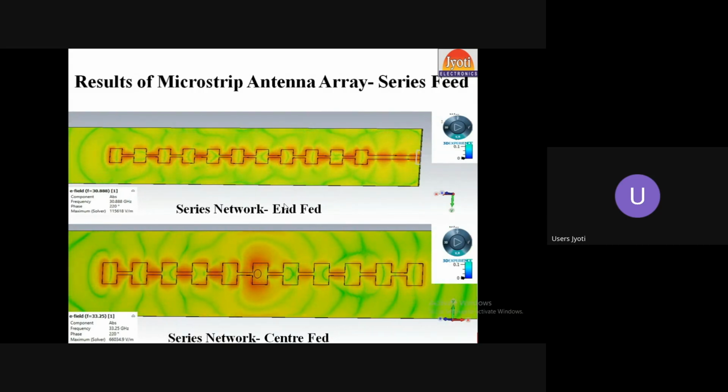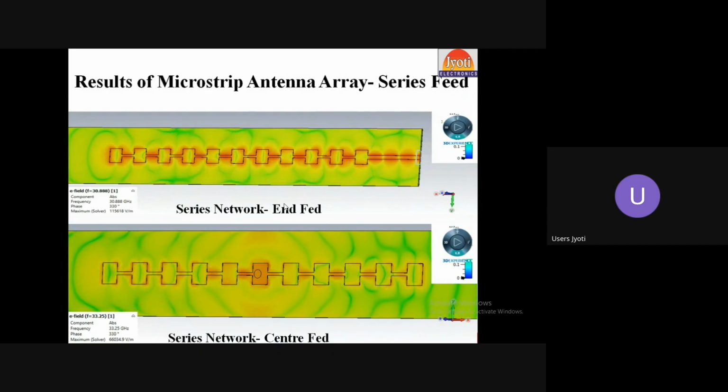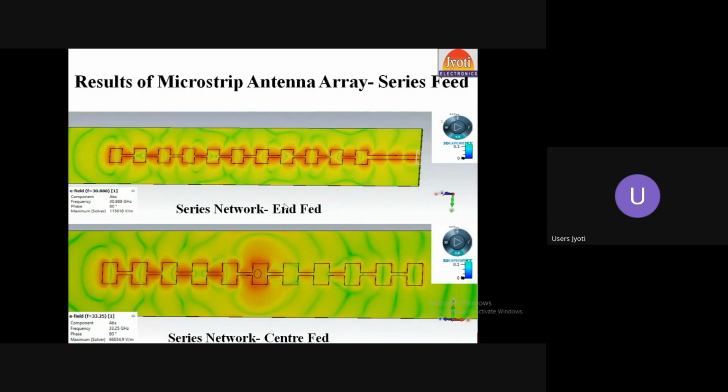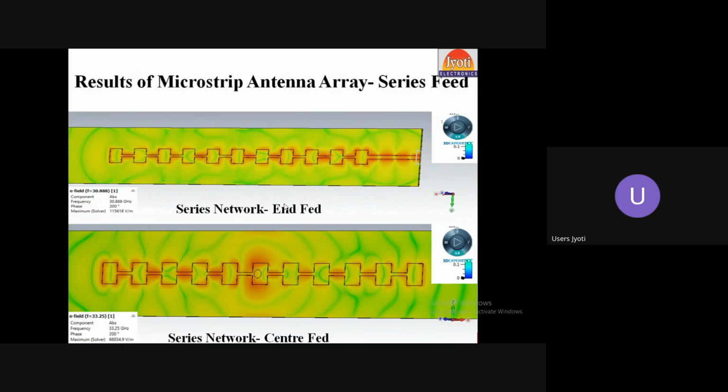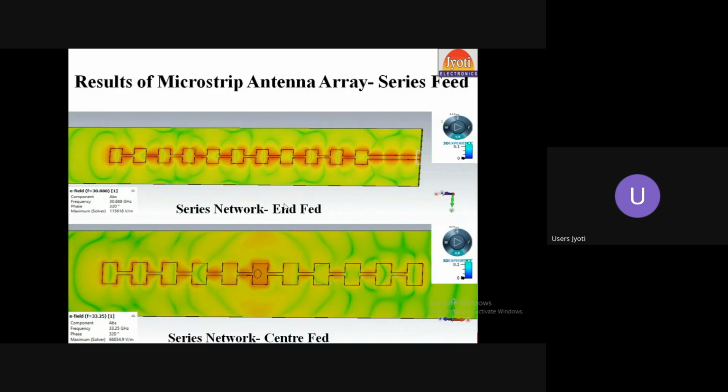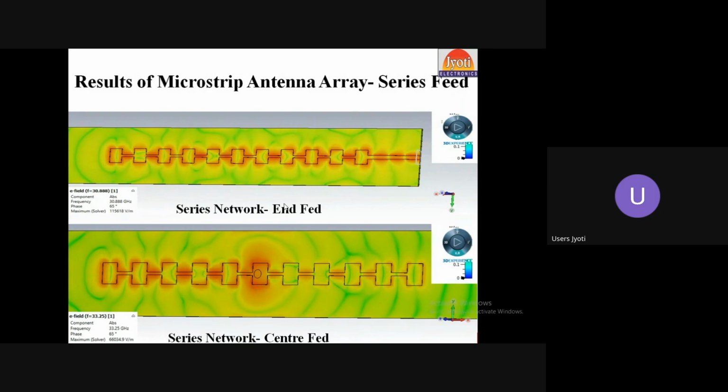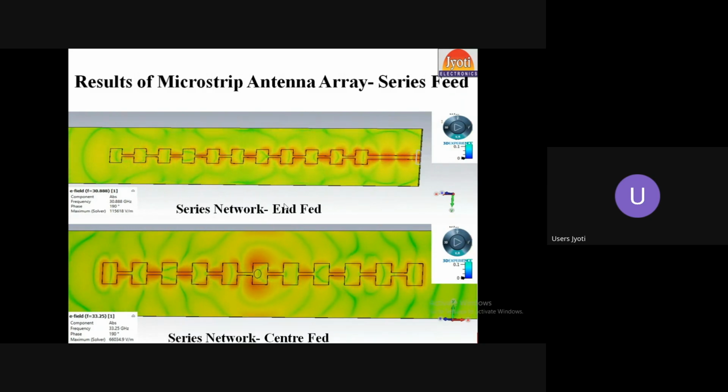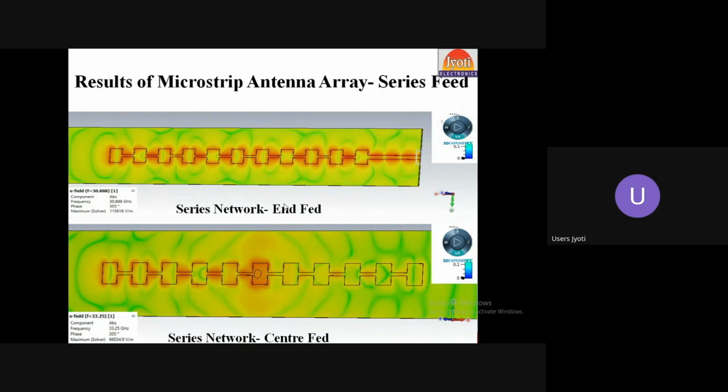Both are using a waveguide port, but one is like a ground plane, substrate, and patch, and the other one is the coaxial feeding. As you can see, the radiation pattern and electric field are slightly changing, and how it varies with time is also changing.